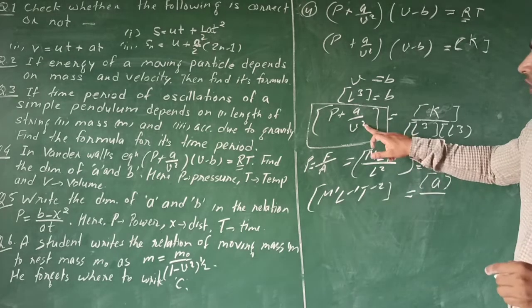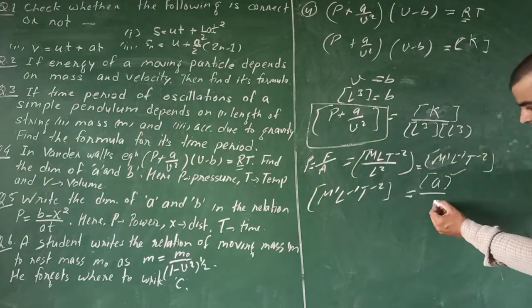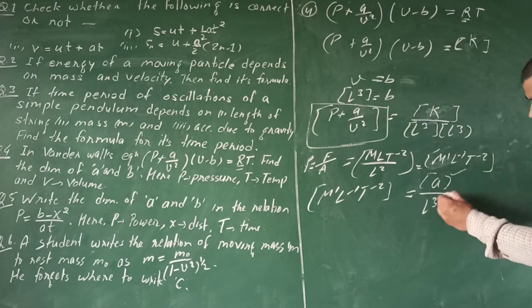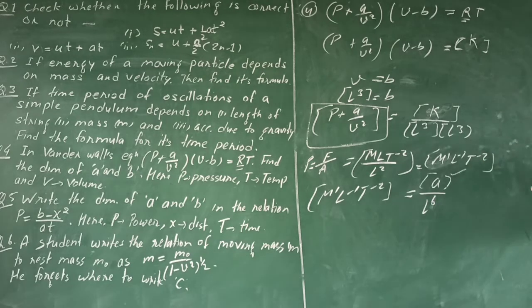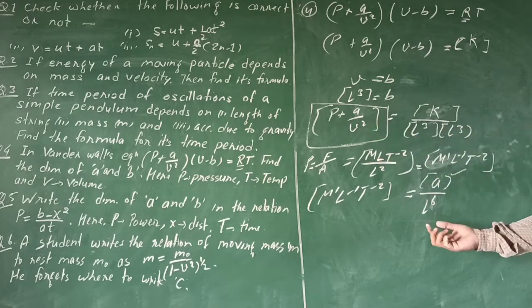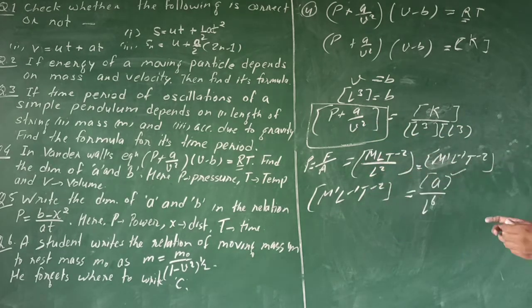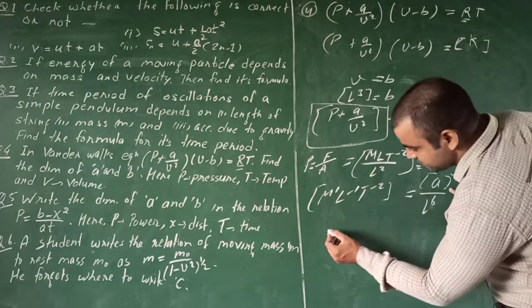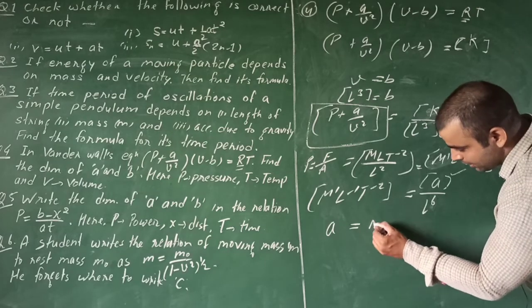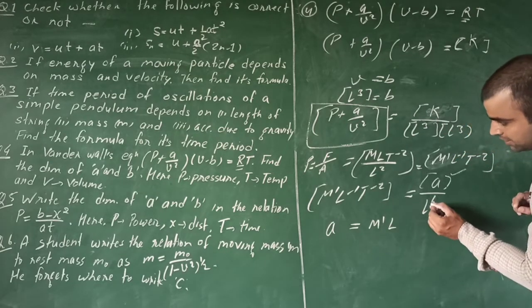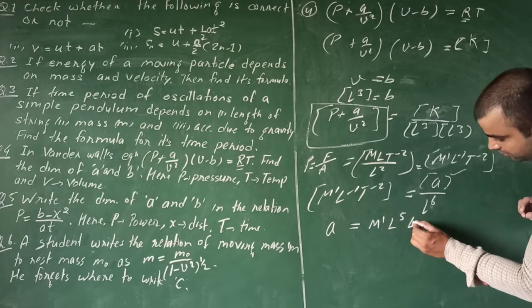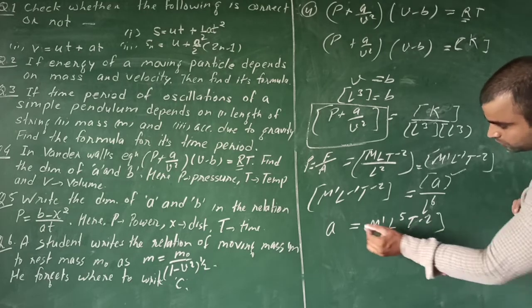And here is the volume. The dimension of volume is L3, and its square is given, so L3 square means L6. Is it clear? The square of L3 will be L6. So the dimension of A will be M1 L6 times L minus 1, that is M1 L5 T minus 2.